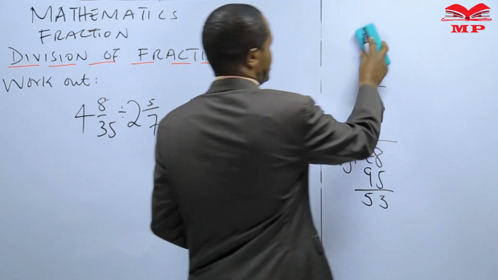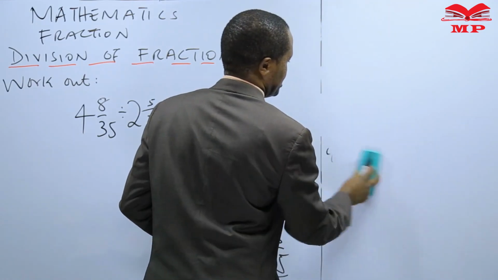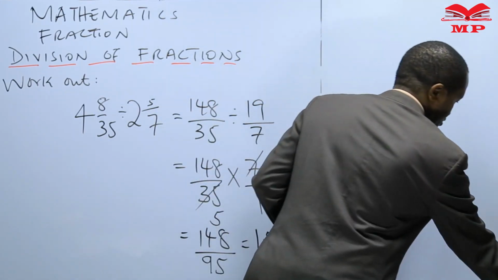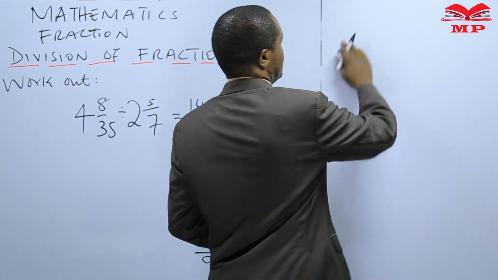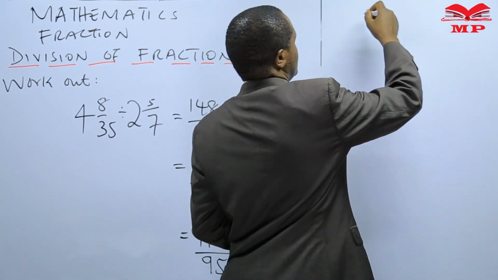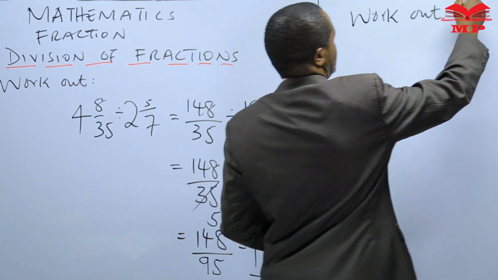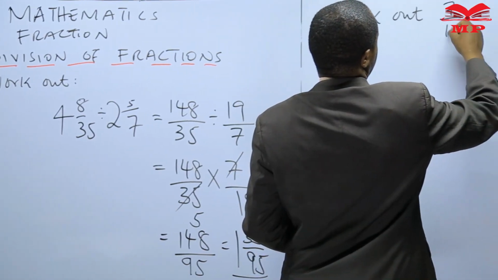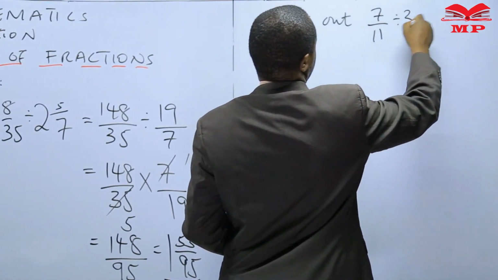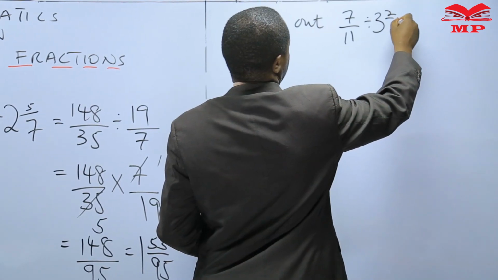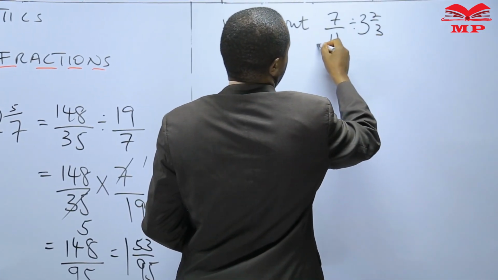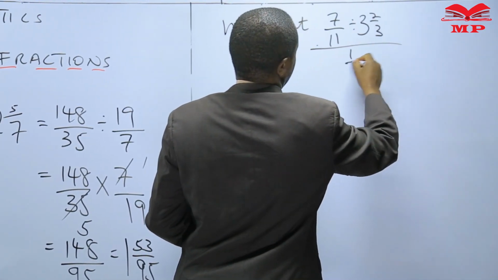Let's work out our last example under operation division of fractions. Work out 7 over 11 divided by 3, 2 over 3 over 1 over 3.